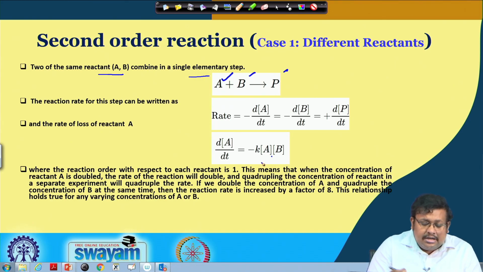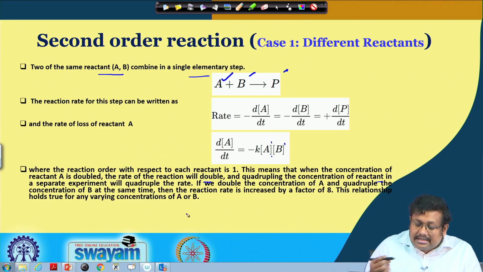Here the reaction order with respect to each reactant is 1. This means that when the concentration of reactant A is doubled, the rate of the reaction will double, and quadrupling the concentration of the reactant in a separate experiment will quadruple the rate.